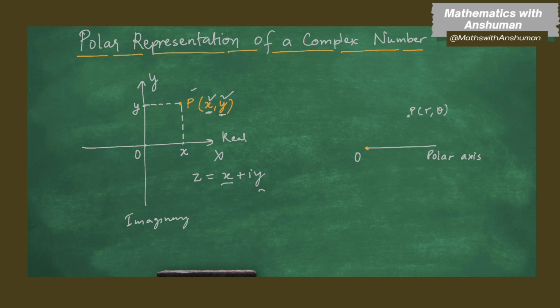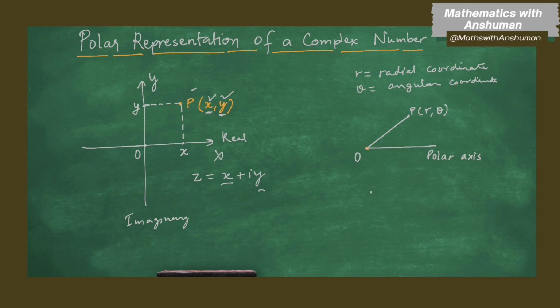r is called the radial coordinate, and theta is called the angular coordinate. Now radial coordinate is nothing but the distance from the pole to the given point.